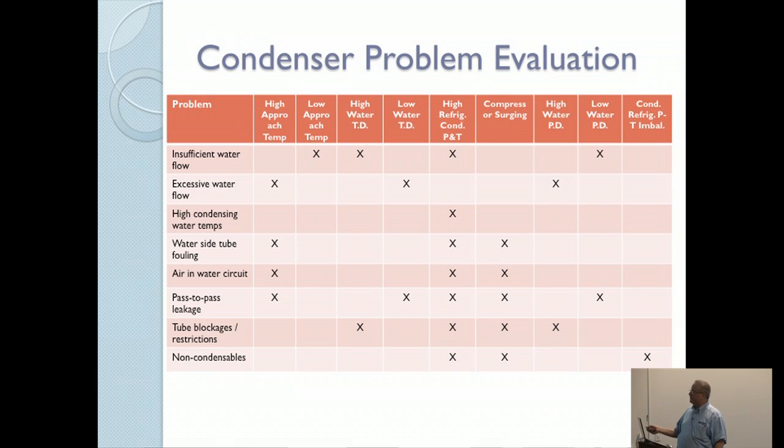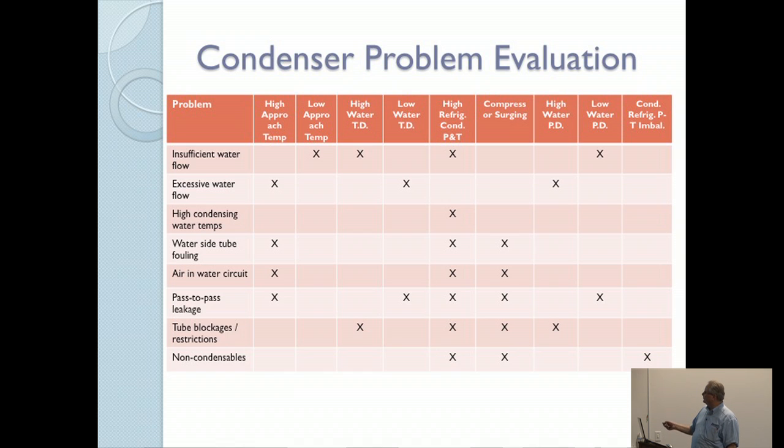High water temperature difference, it's coming in at 85 and going out at 100, and it's supposed to be at 95. You may want to look at either blockage restrictions or insufficient water flow. Low water temperature difference, just the opposite. You're expecting to go in at 85 and come out at 95, but it's coming out at 87 or 88. You may have too much water flow or a pass-to-pass leakage.